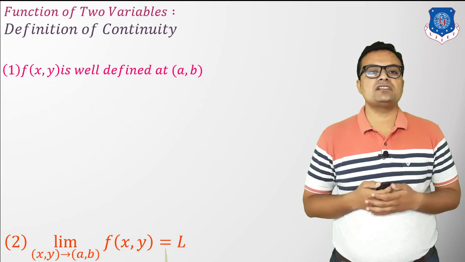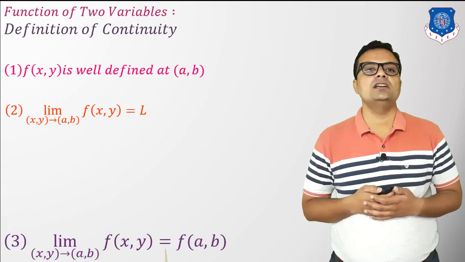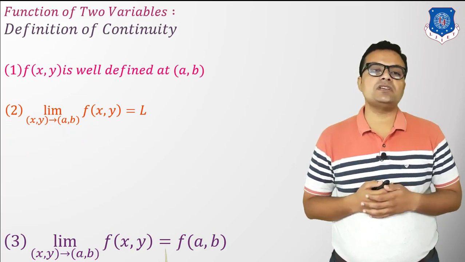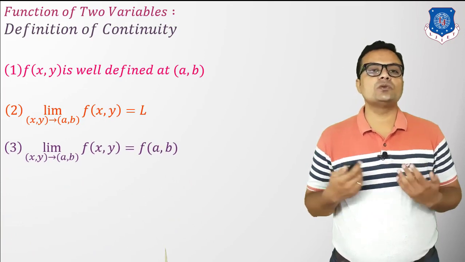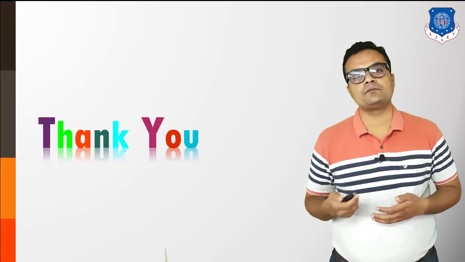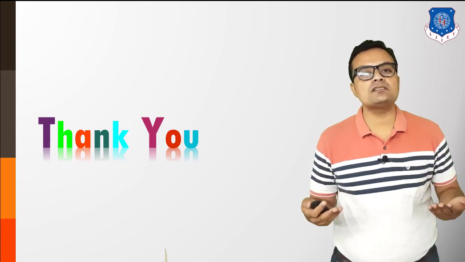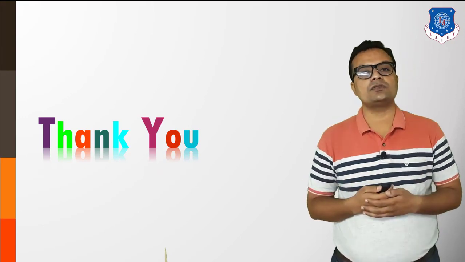So the first condition is as usual that f(x,y) must be well defined at the point (a,b). The second condition is that the limit at the point (a,b) must exist, which is equal to L, and the third condition is that both of the previous conditions must be the same. So this is how we define limit and continuity for a function of two variables.